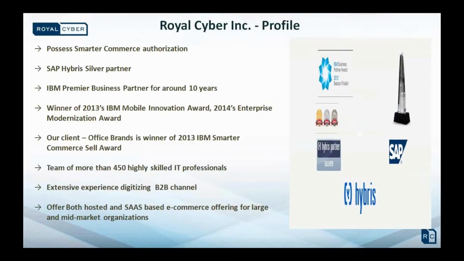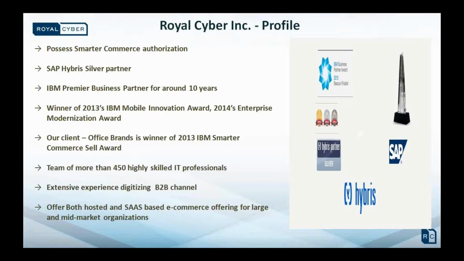Continuing with the Royal Cyber profile, we are an SAP Hybris Silver partner, and we have also been an IBM partner for the last 10 years. We are award-winning, receiving the 2013 IBM Mobile Innovation Award because we specialize in mobile technology. Our client Office brand is the winner of the 2013 IBM Smarter Commerce Award.